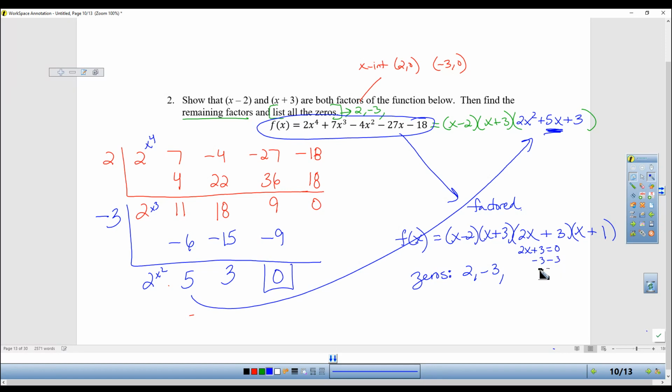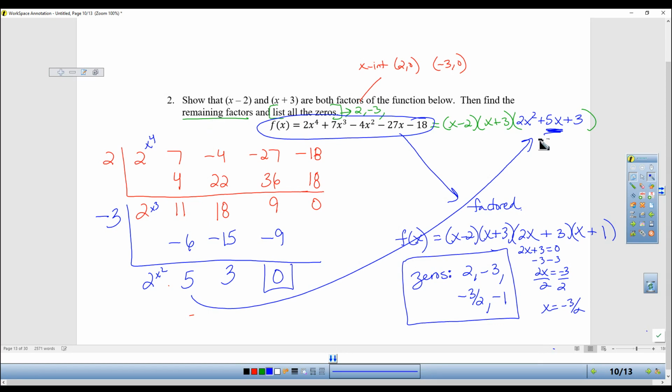Subtract 3, 2x is equal to -3, divided by 2, divided by 2. X is equal to -3 halves. Okay, so if you can't do it in your head, that's okay. So the next one is -3 halves, and the last one you can do in your head is -1.